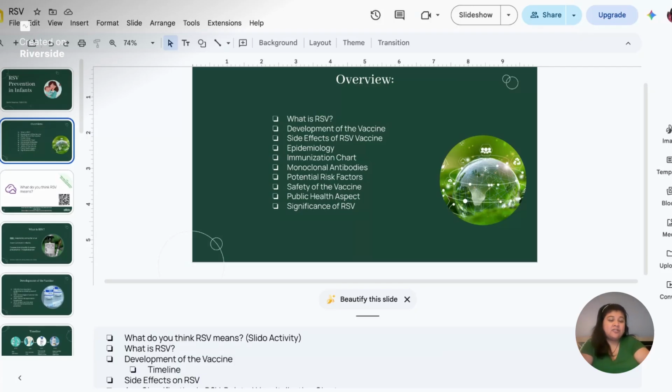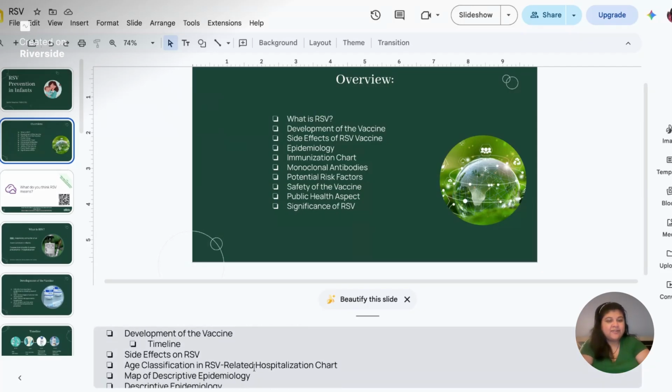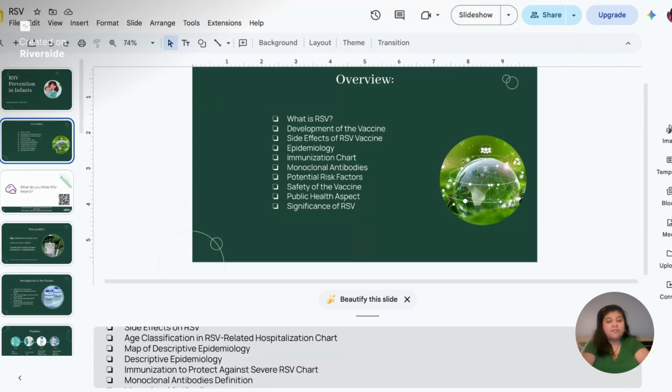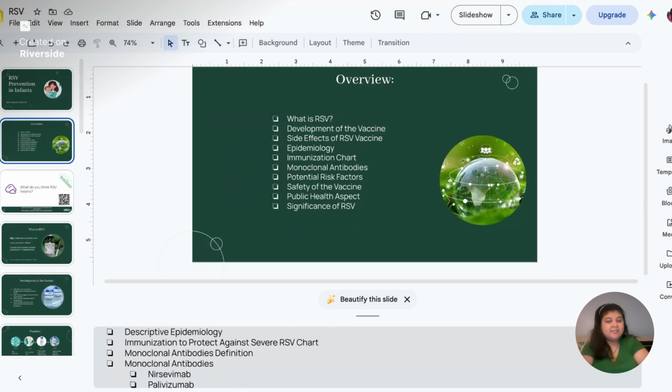I also included the development of the vaccine, which is like the timeline, some side effects of the RSV vaccine, some age classifications, and the RSV-related hospitalization chart. I've included the map of descriptive epidemiology, which shows you all around the country which spots have the most impact from RSV. I researched the descriptive epidemiology for my paper, along with the immunization chart and some monoclonal antibodies.